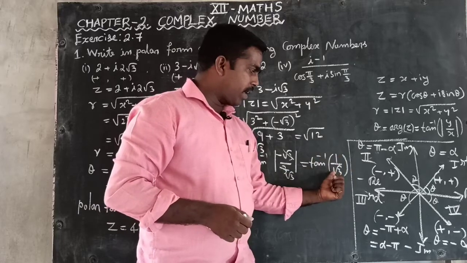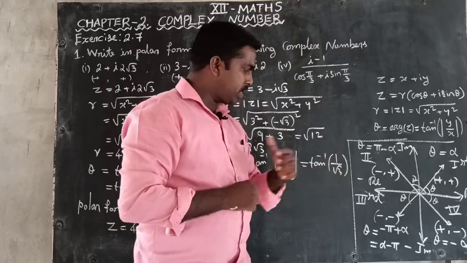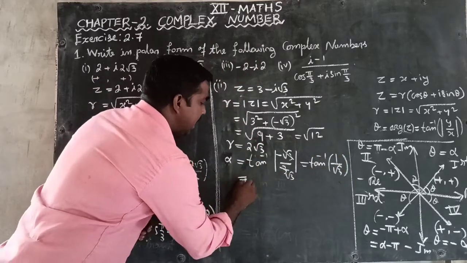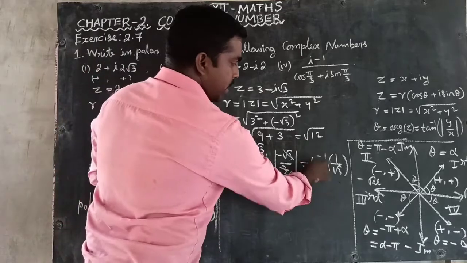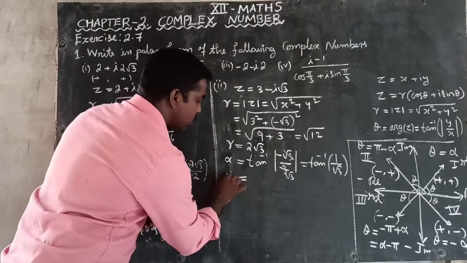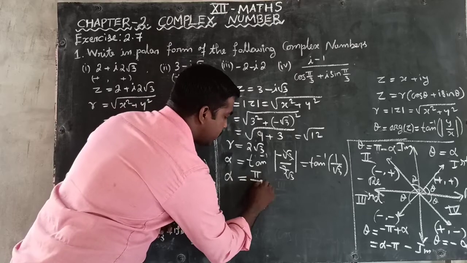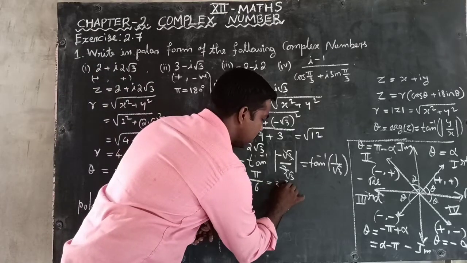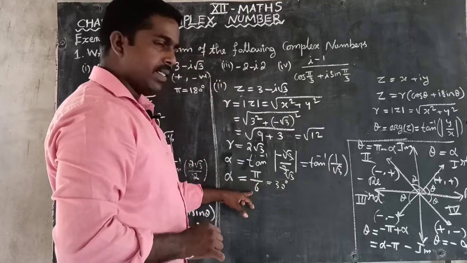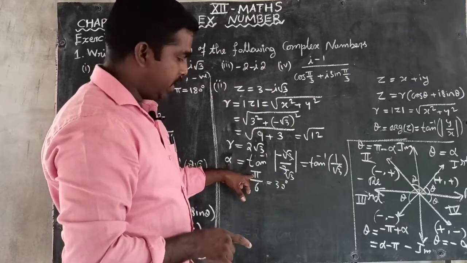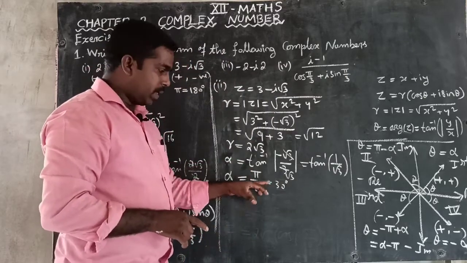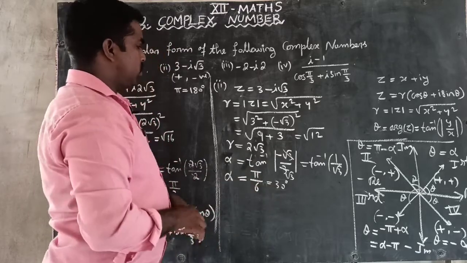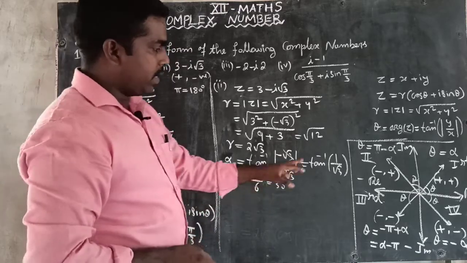So the value of tan inverse of 1 by root 3 is nothing but 30 degree. We know that this value is 30 degree. So I can write pi by 6. This is nothing but 30 degree. The value of pi is 180. 180 by 6 is nothing but 30. So okay. Next we have to find a theta.